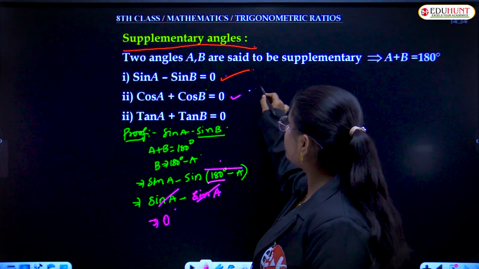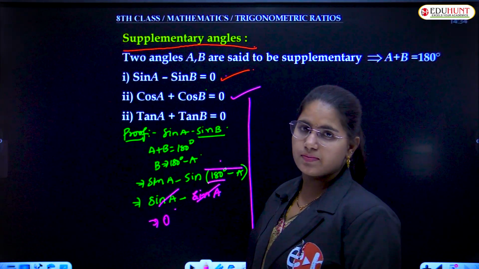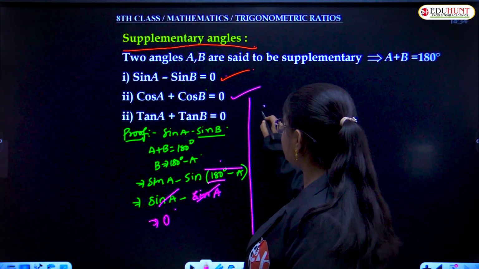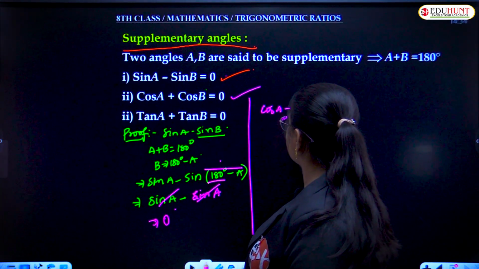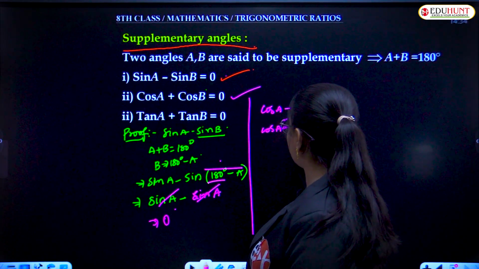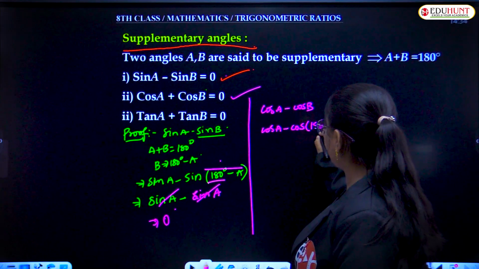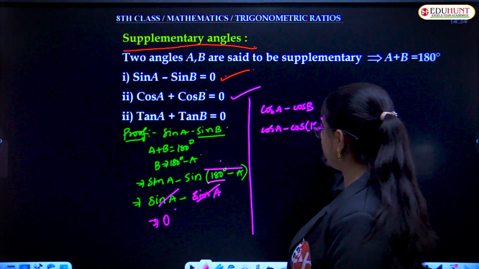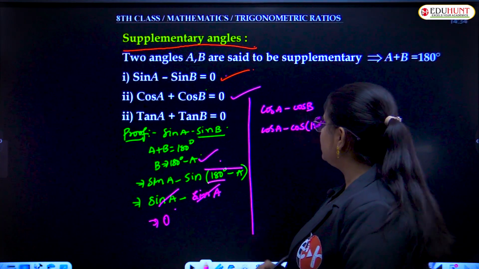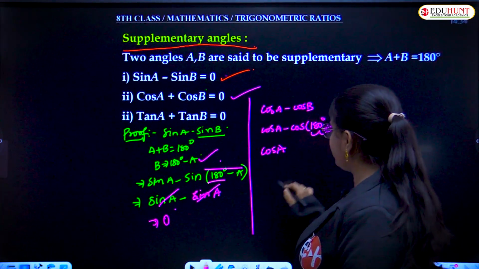Similarly, you can also prove cos A plus cos B is equal to 0. This time it is plus, that was minus and this is plus. Why? Cos A minus cos B, in the place of cos B, I am substituting 180 degrees minus A. Which quadrant does 180 minus A belong to?